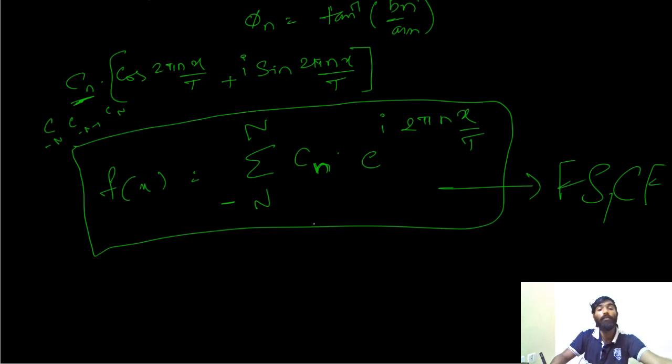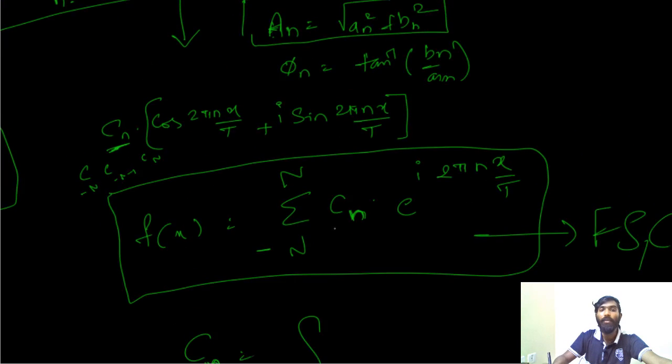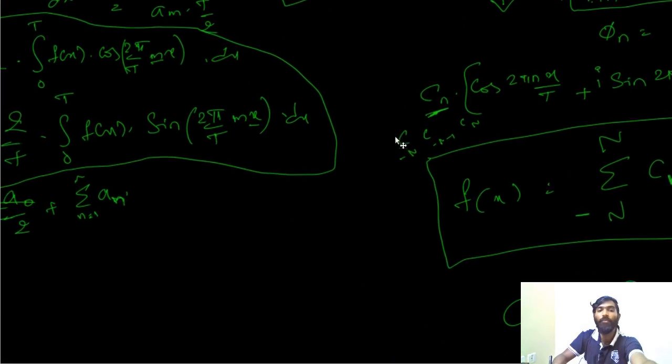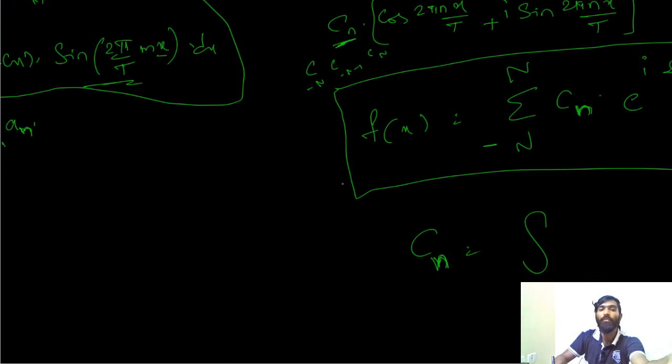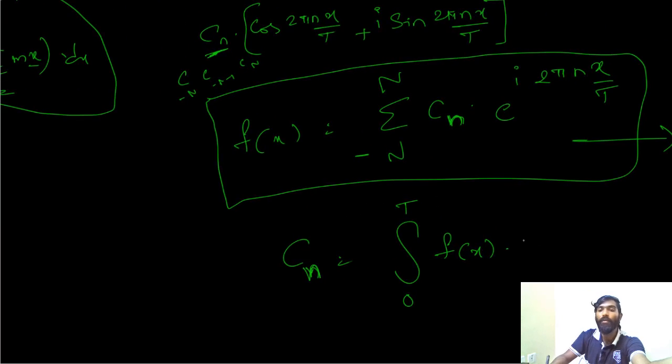Now the Fourier series values, or the weights Cn, are almost similar to these values, right? So you have a period from 0 to capital T, and then I have my function f of x, and what I do is I multiply by e power minus i 2 pi n times my range value by the time period, dx.